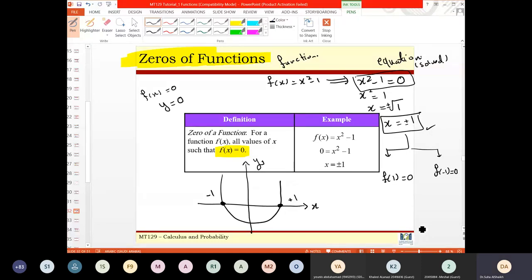Think about it. أنا لما أكون على x axis إيش قيمة y? What's the value of y لما أكون هنا على x? 0. y لا طلعت فوق ولا نزلت تحت.